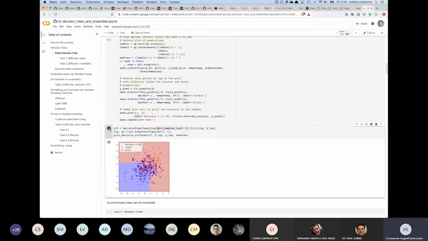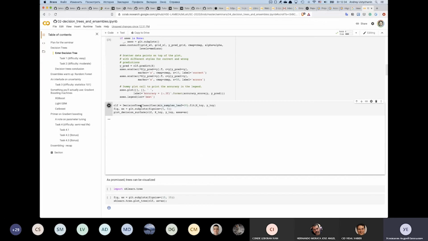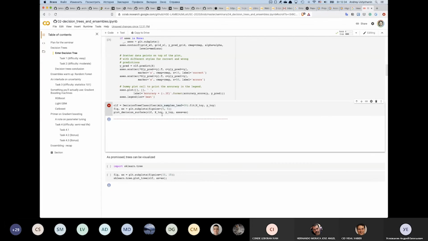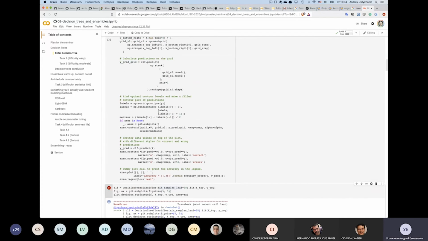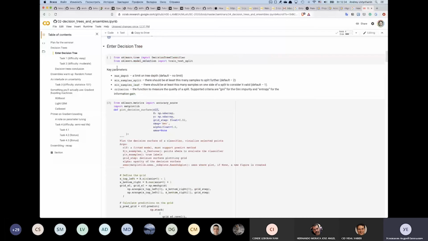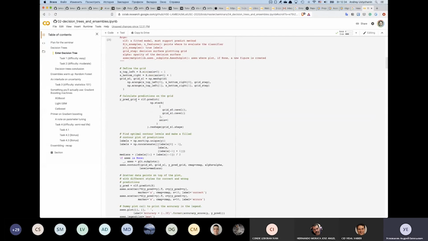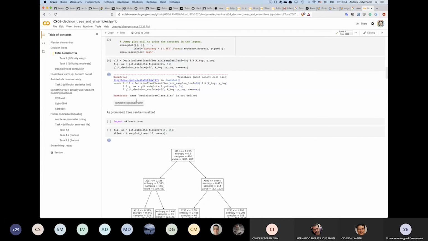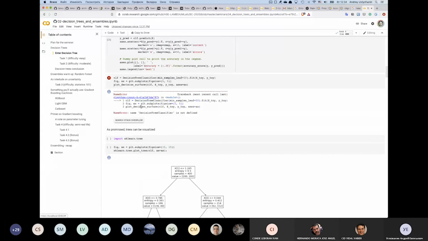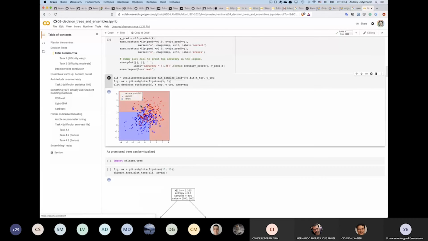And then we plot the decision surface for this particular classifier. Oops, DecisionTreeClassifier is not defined. Sorry. Forgot to run this cell. Now it should be better. Here it goes.